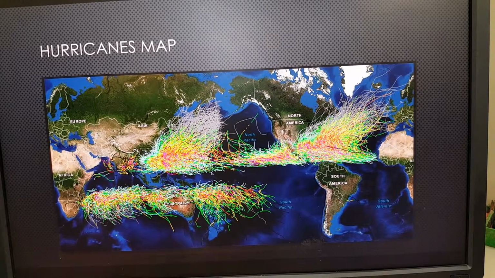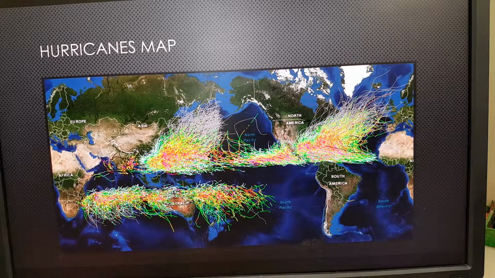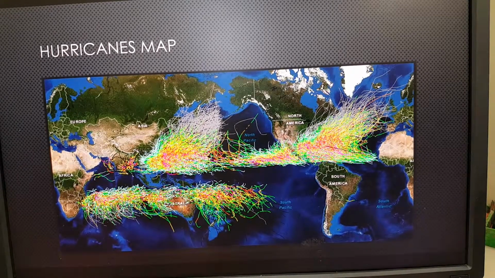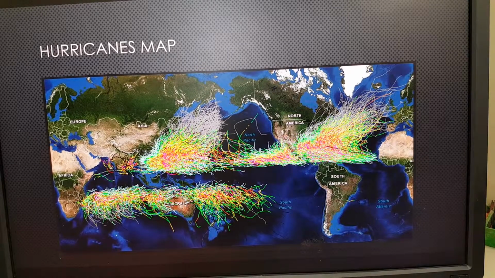I hope you take note of that and remember, hurricanes don't cross the equator. There is no reason why that should happen on a flat, motionless Earth. It just can't happen. The southern hemisphere should be equal to the northern hemisphere. There should be no difference in the way these hurricanes work.